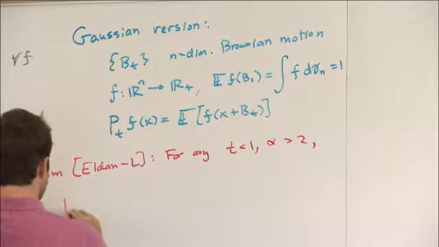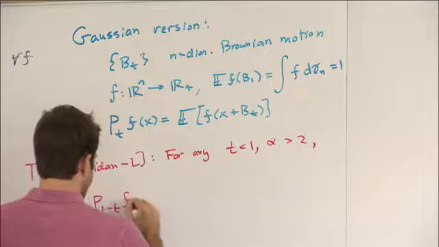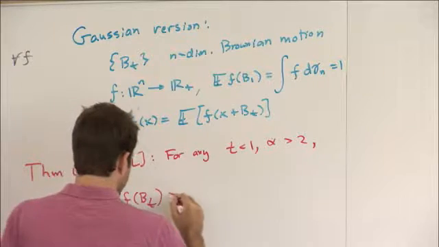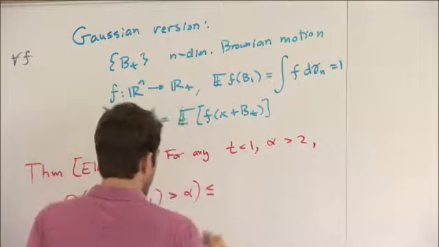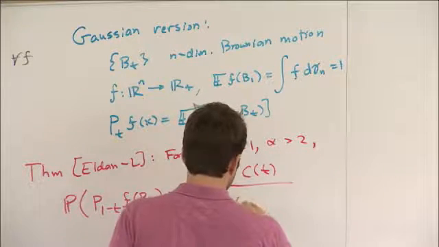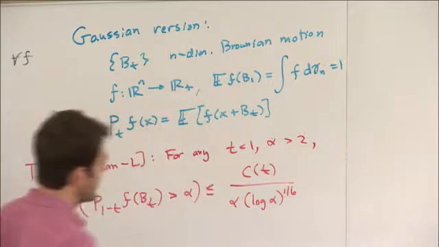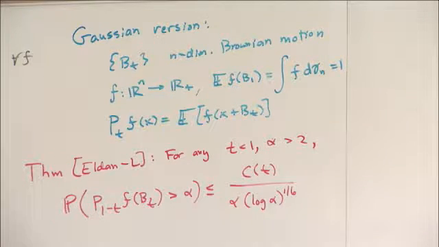We have the probability, we'll come back to this quantity in a second, that this is bigger than alpha is at most some constant depending on t, divided by alpha log alpha to the 1/6. There's also some log alpha term, but since the 1/6 is not tight, since it should be 1/2, let's not belabor the log alpha term.